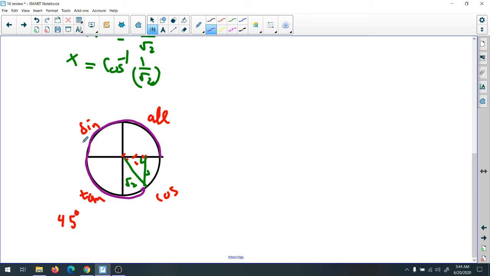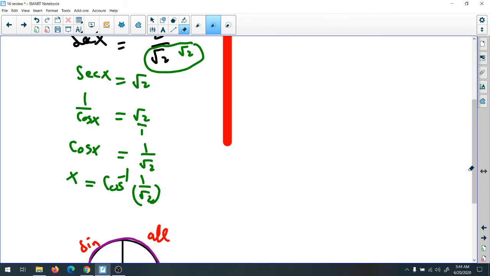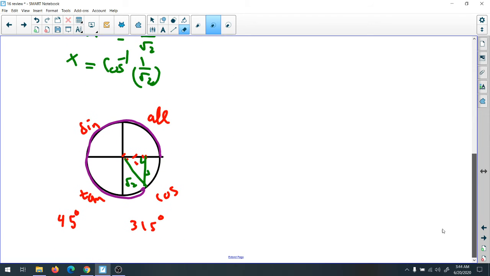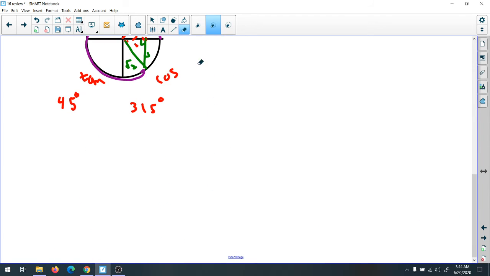That means a full circle, 360 minus 45, and 360 minus 45 is 315. So the second angle we have is 315 degrees.